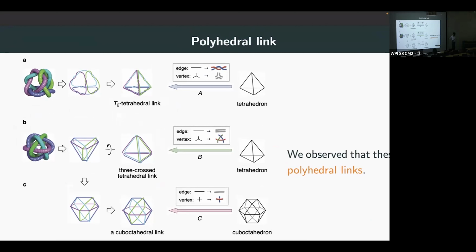Then you have this picture, and you have the supermolecule of this one. If you do type B, then you have this picture for the whole tetrahedron. We found that these are made of polyhedral rings.